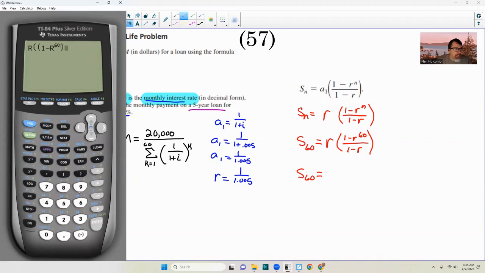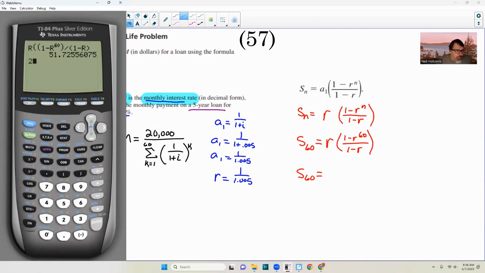Okay, so I have that. And then I'm going to divide by parentheses 1 minus alpha r, close parentheses, enter. And I got 51.72556075. So that's my denominator, remember?